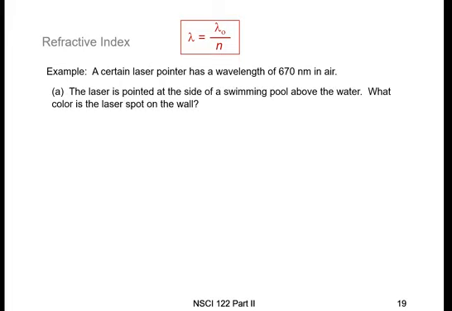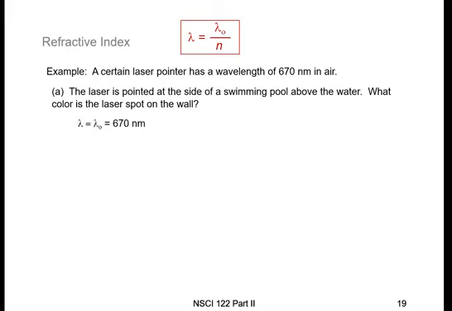The reflected light that comes into your eye, right? You're going to see that spot on the wall. So what color is that? Well, let's see. What we need to know is the free space wavelength, because if you remember when we were talking about the electromagnetic spectrum, if we know the free space wavelength or the frequency, we can figure out what part of the spectrum it's in. Well, this is air.